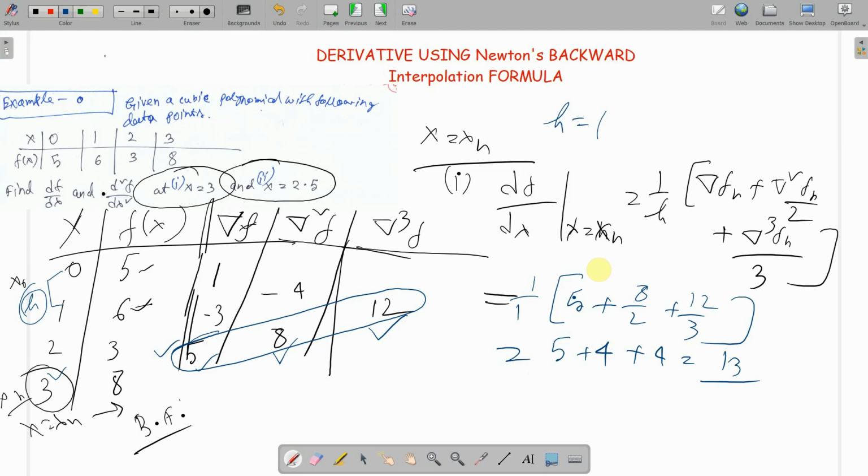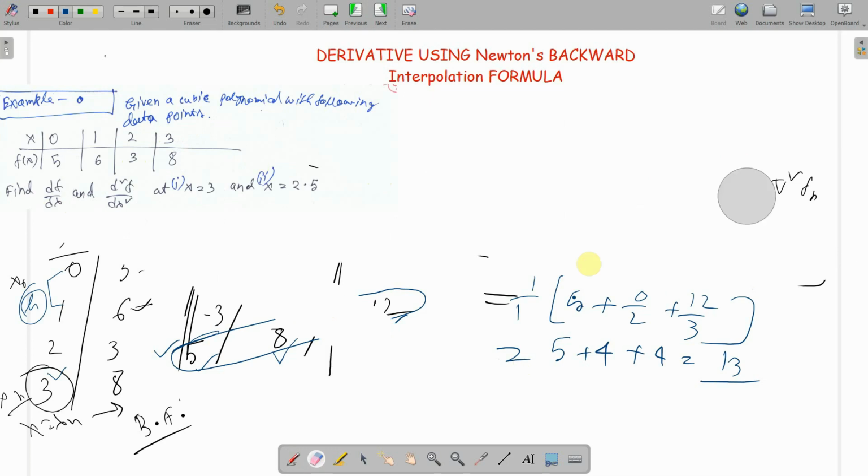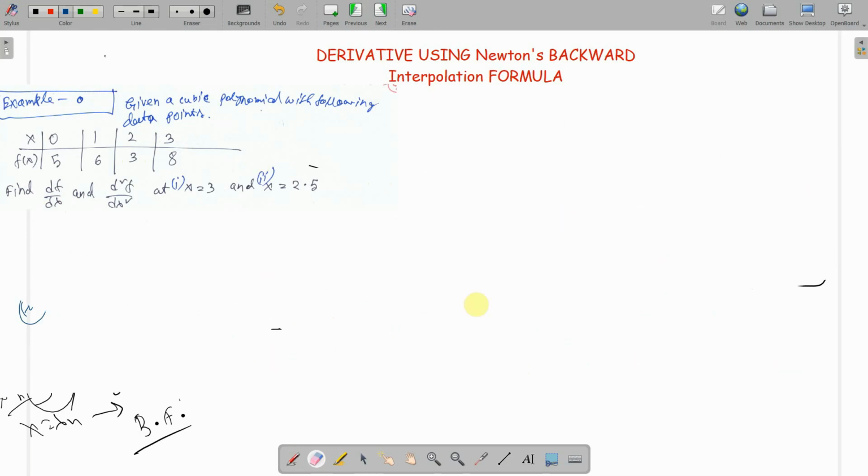Now similarly just find me the value of d2f/dx2. Let us do this properly again, the table again.